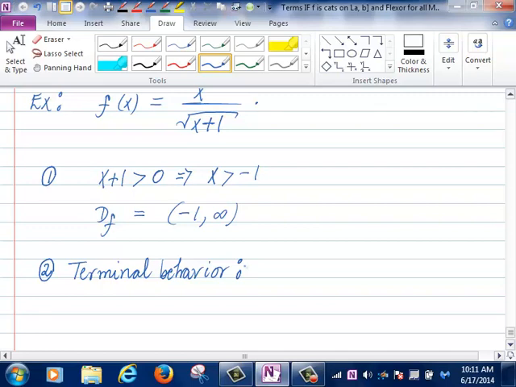That makes sense? And when you determine that, you are basically also finding out what the asymptotes are, the vertical and the horizontal asymptotes.